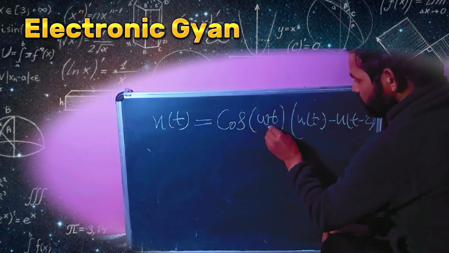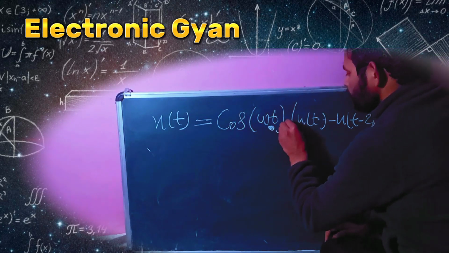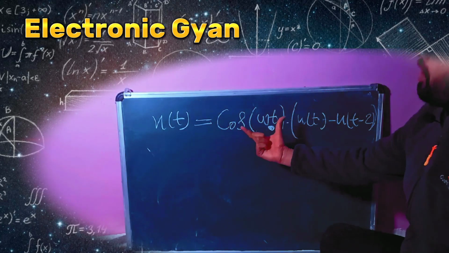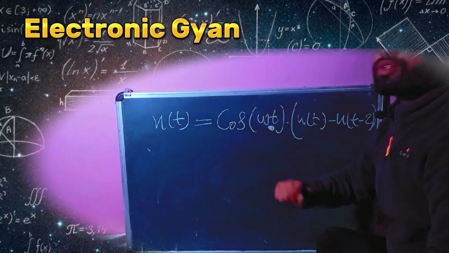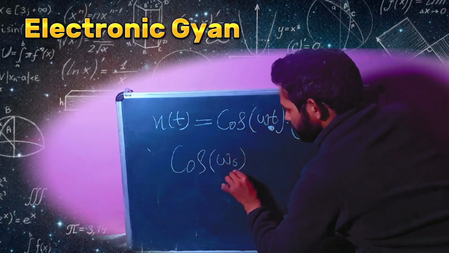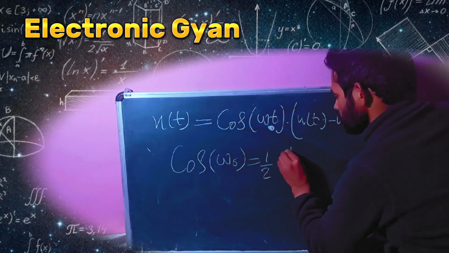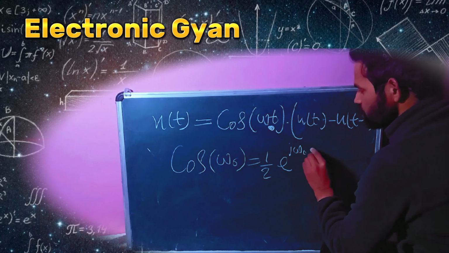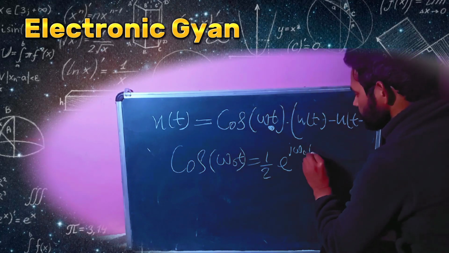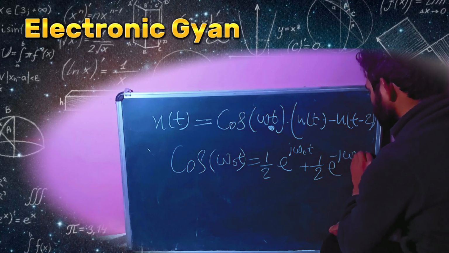Please write this as omega naught. Now we also know the Fourier transform for a cosinusoidal signal. The cosinusoidal signal is actually half e to the power j omega naught t plus half e to the power minus j omega naught t.